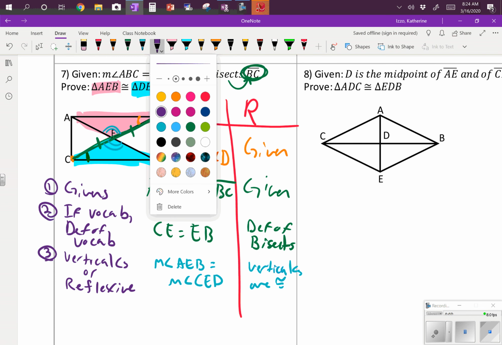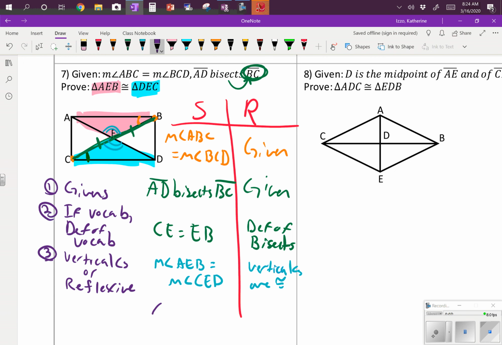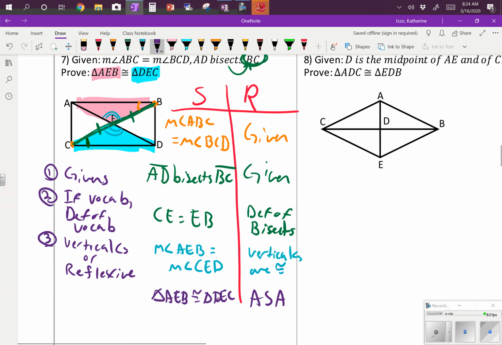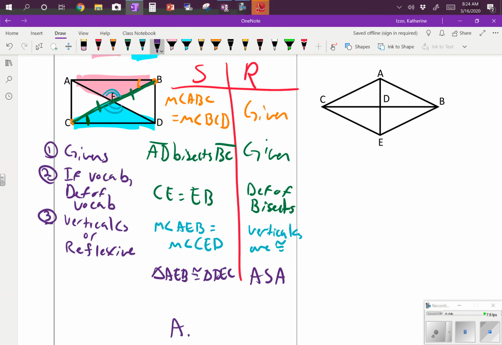Okay. So then we can end it with triangle AEB congruent to triangle DEC by angle side angle. Now notice it is not angle angle side. It's not angle angle side because the side here is trapped between my two angles. Because the side is trapped between my two angles, that means that it's angle side angle.